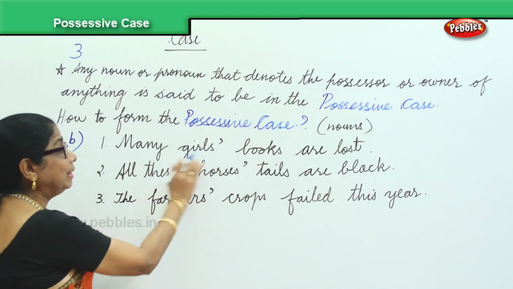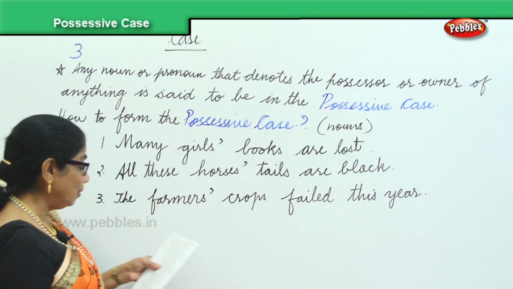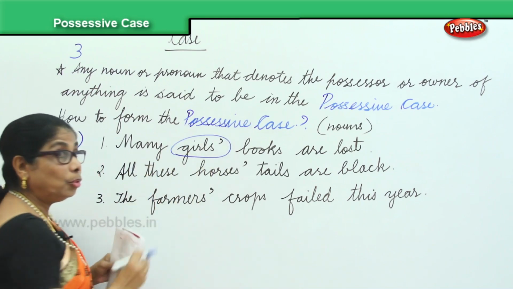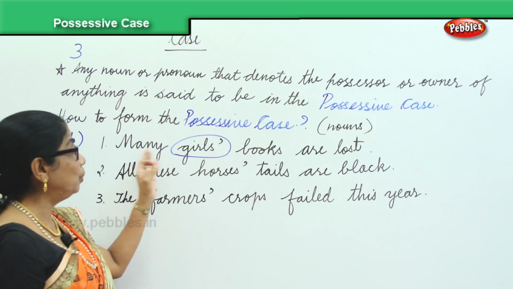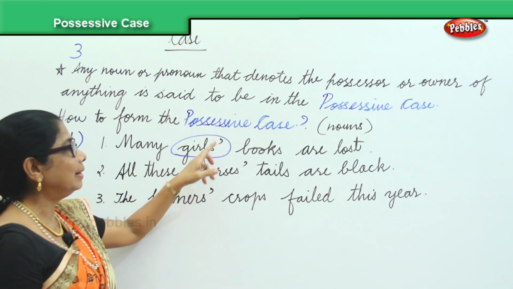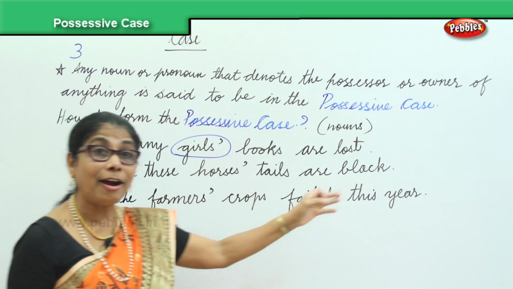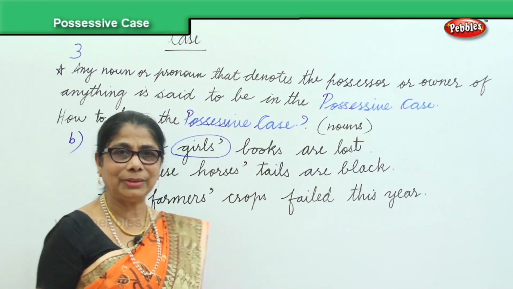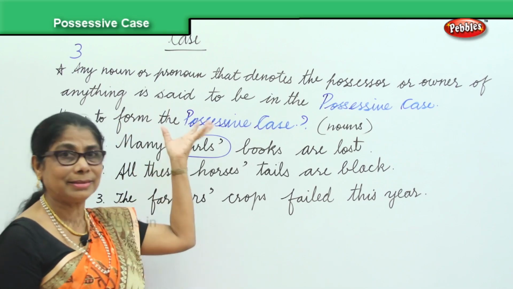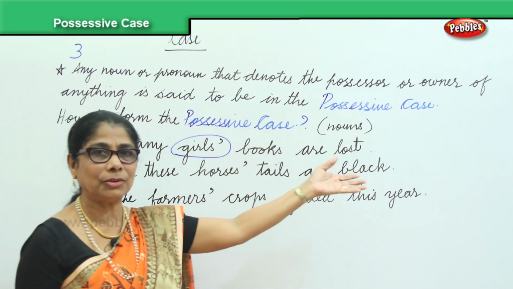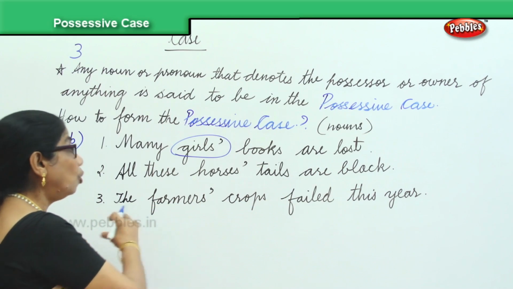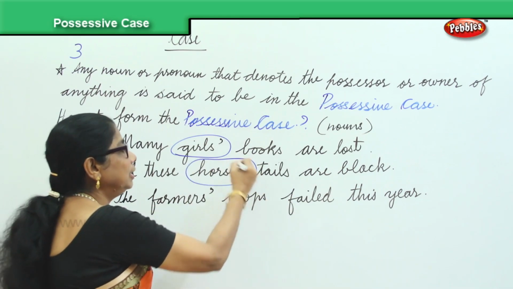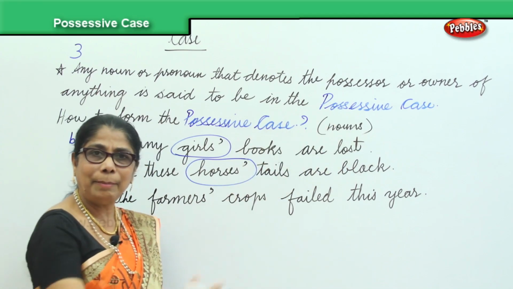In this, you have many girls. There is more than one. It's plural. So you write the apostrophe after the plural noun. So you say, many girls' books are lost. All these horses' tails are black or brown, whatever.